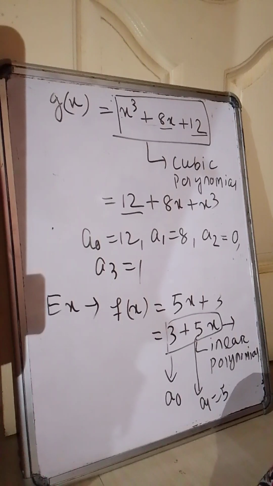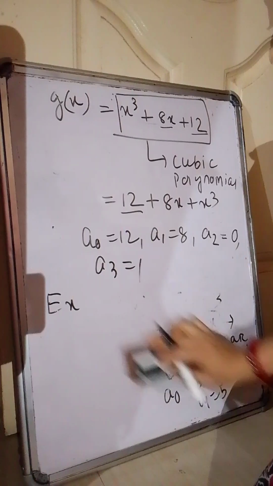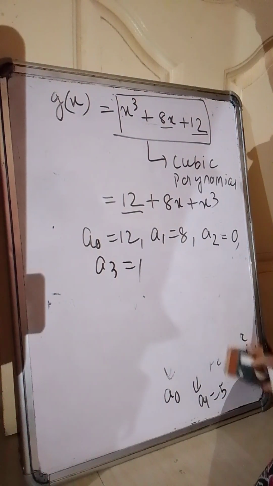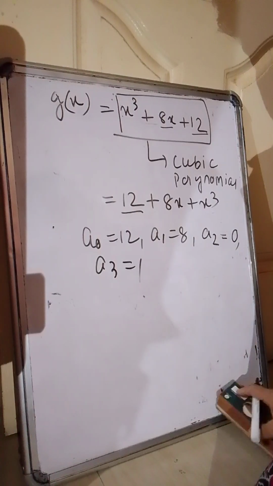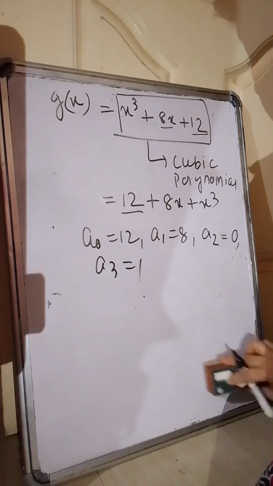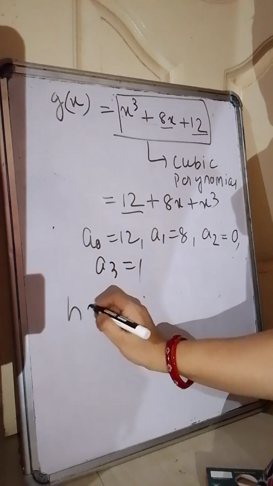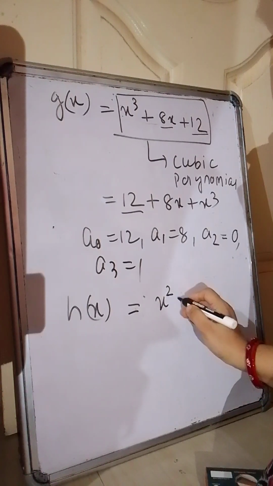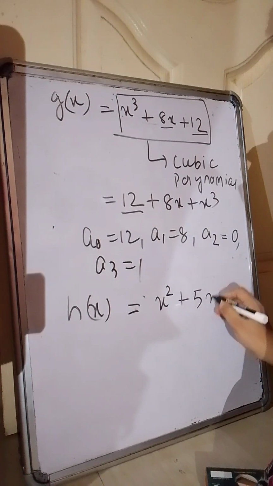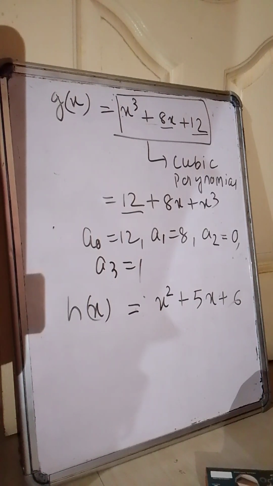In this way you can give more examples based on the degree of the polynomial. If n is 2, that is a quadratic polynomial. Suppose h of x is equal to x square plus 5x plus 6. This is an example of a quadratic polynomial.